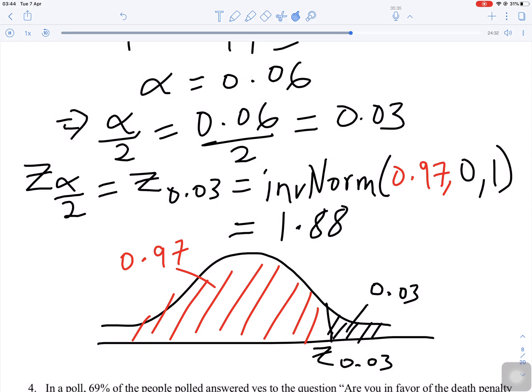So if the area to the right is 0.03, then the area to the left should be 0.97. So 0.97, the mean, which is 0 because we are dealing with the standard normal, then the standard deviation is 1. This gives us the result 1.88. So the critical value at 94% level of confidence is 1.88.